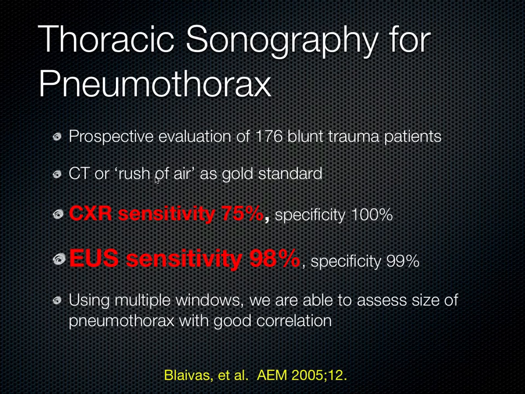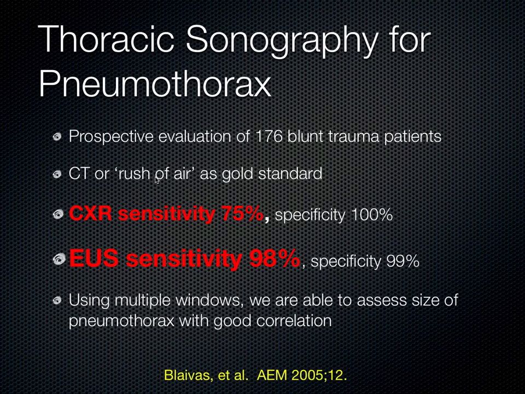Essentially, they looked at CT or rush of air as the gold standard to represent pneumothorax and compared it with the ultrasound's ability to pick up the pneumothorax. Chest x-ray was 75% sensitive, but obviously if you saw it, it was there, 100% specific. Emergency ultrasound was 98% sensitive and 99% specific. Therefore, the sensitivity of ultrasound is far superior to chest x-ray in this population.